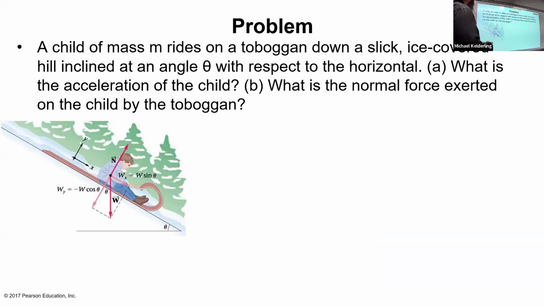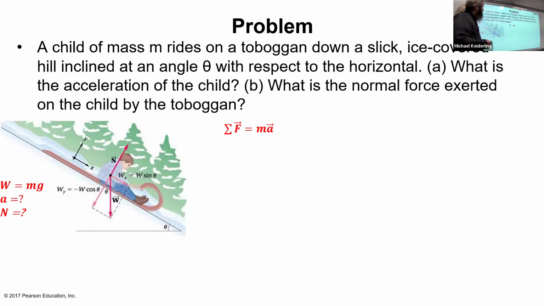So if you have a toboggan on a slope like this, your weight is mg, your acceleration is what you're looking for. And to figure that out, you need to know what the normal force is at some level. You can sort of figure it out without knowing what the normal force is, but this is actually also asking for the normal force.